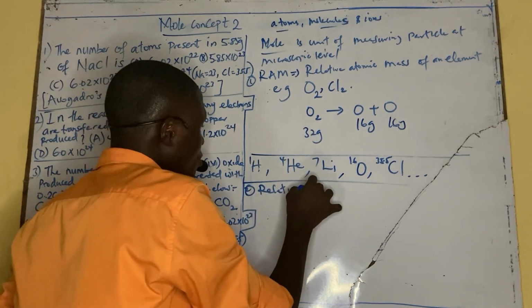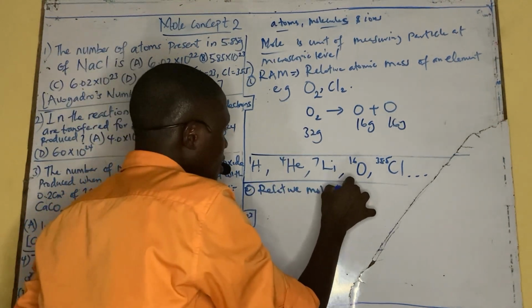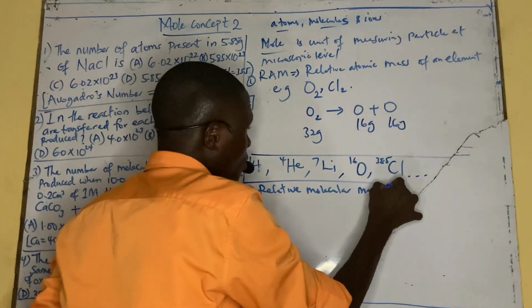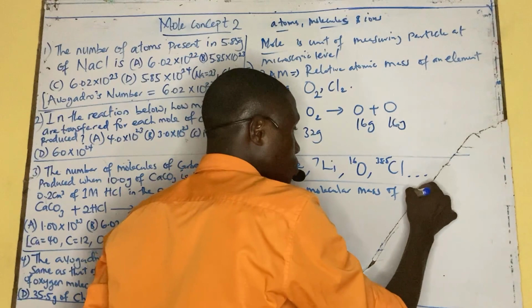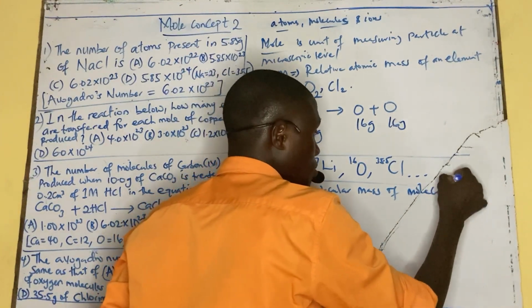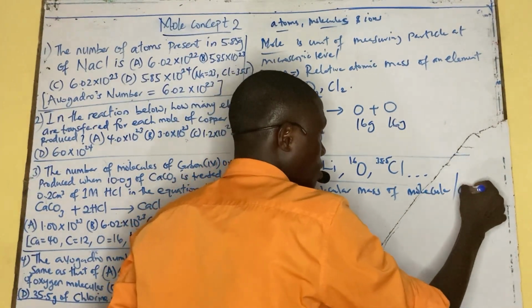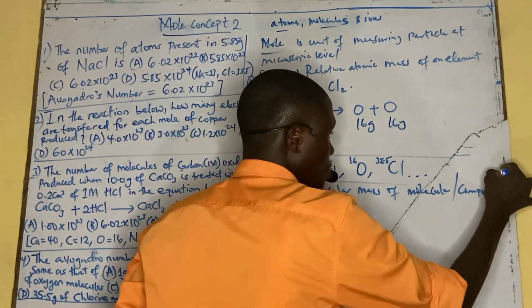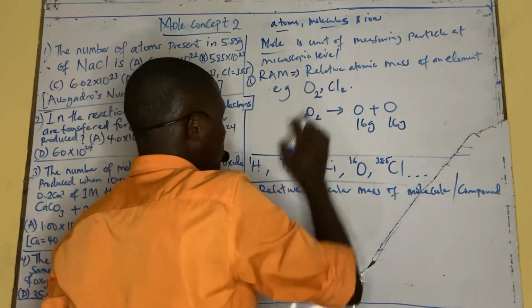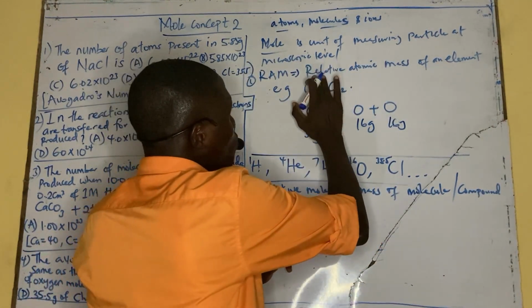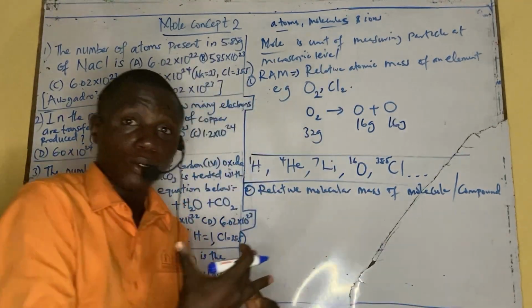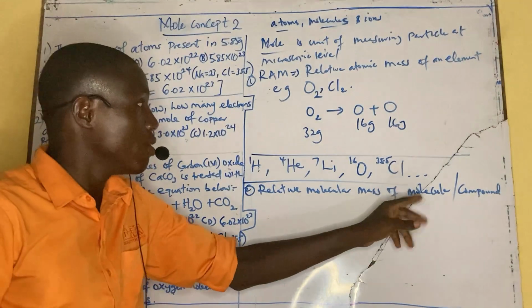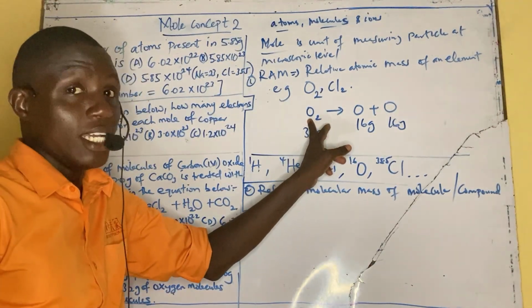The relative molecular mass has to do with a molecule, or we can also refer to it as a compound. The relative atomic mass is for elements, but this one is for molecules. Just as I've already said in the previous example, like O2 here is a molecule.